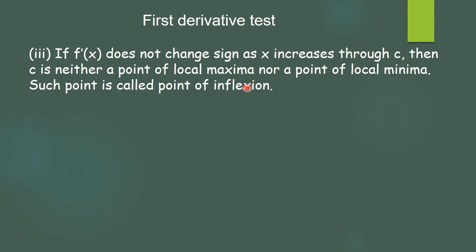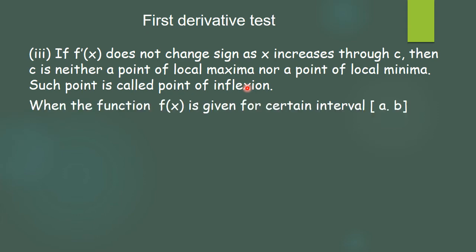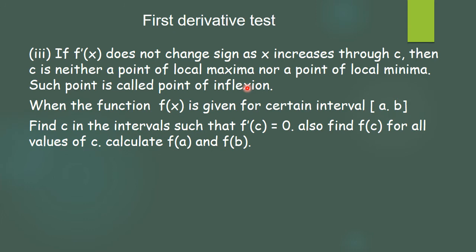Now whenever the function is given in a certain interval of a and b, in this interval we get points c such that f dash of c is 0. We calculate all the values of f of c for all such values of c. We'll calculate f of a as well as f of b.